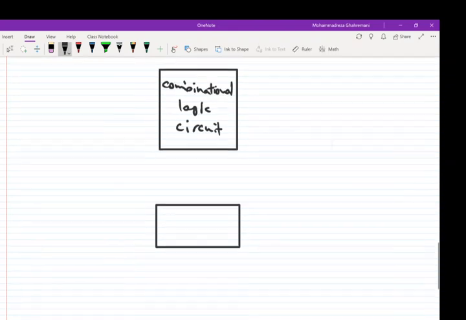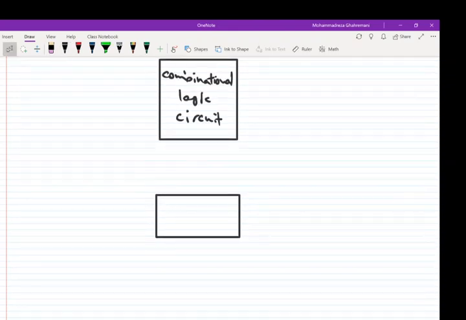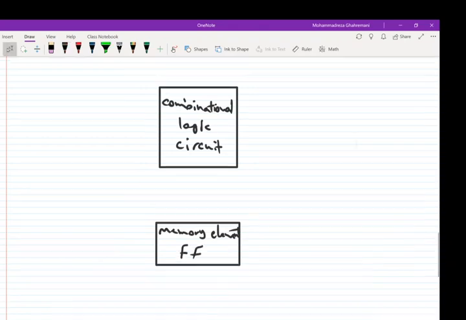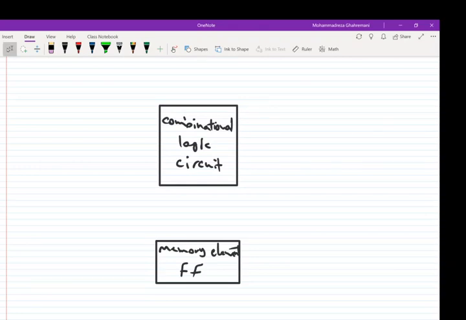And for the next one we have the memory element. What is a memory element? We all know that a memory element is a flip-flop. And we have different inputs for the combinational part of the circuit. So we have x1, x2 up to xn as input.